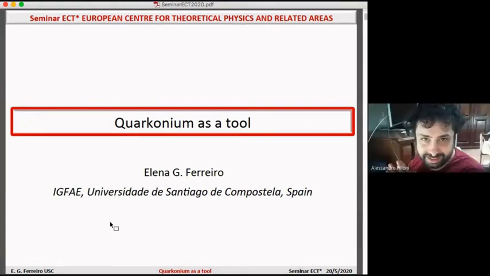She was working mostly in heavy ion physics and recently with understanding the behavior of quarkonia production as a function of the activity of the reaction. And she will talk about how quarkonium can be used as a tool to understand what's going on across all the possible nuclei collisions. Thank you, Alessandro.